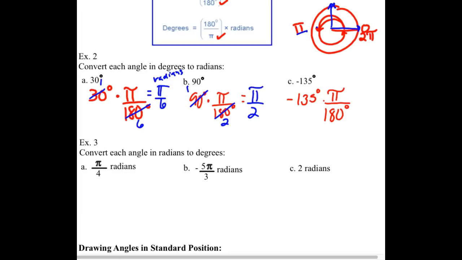Okay, so how many times does 45 go into 135? 3 times? Okay, so this is going to be -3. This is going to be 4. So we end up with -3 pi over 4.